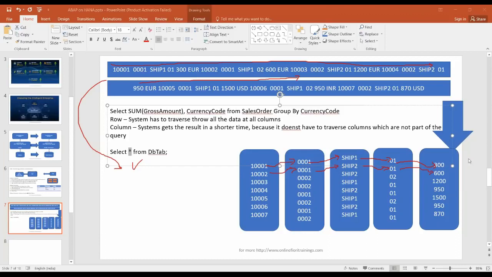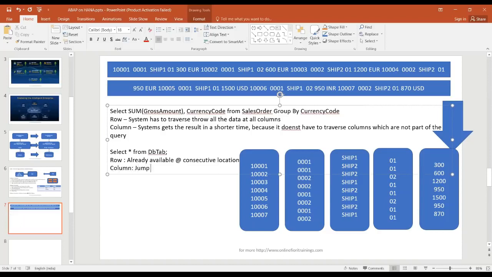So in that case, the column store is more expensive as compared to row store, because in row store, the data is already available at consecutive locations. It doesn't have to go outside the purview of the memory. But in case of column store, the database has to jump over the tiny tables to reconstruct the record. Right, guys? It's very expensive in case of column store. As a result, it's expensive.